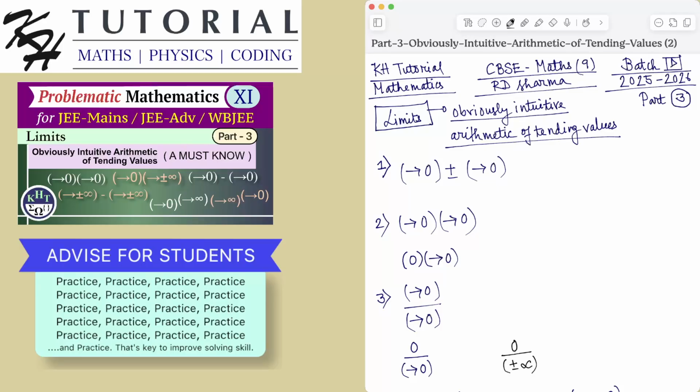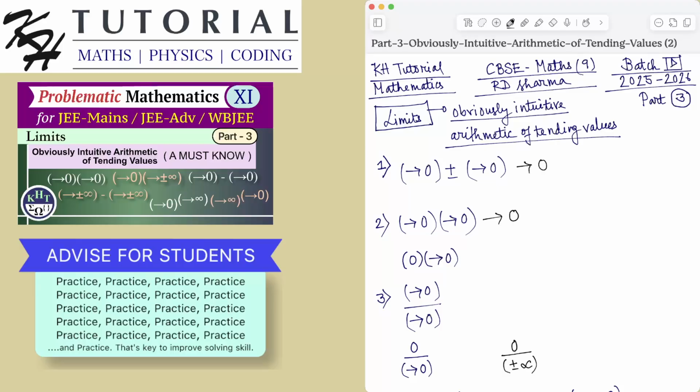Obviously, this will be tending to 0. That is, tending to 0 plus tending to 0 tends to 0, or tending to 0 minus tending to 0 tends to 0. Okay, that was easy. Similarly, the second one, tending to 0 multiplied by tending to 0 also gives a value which tends to 0.